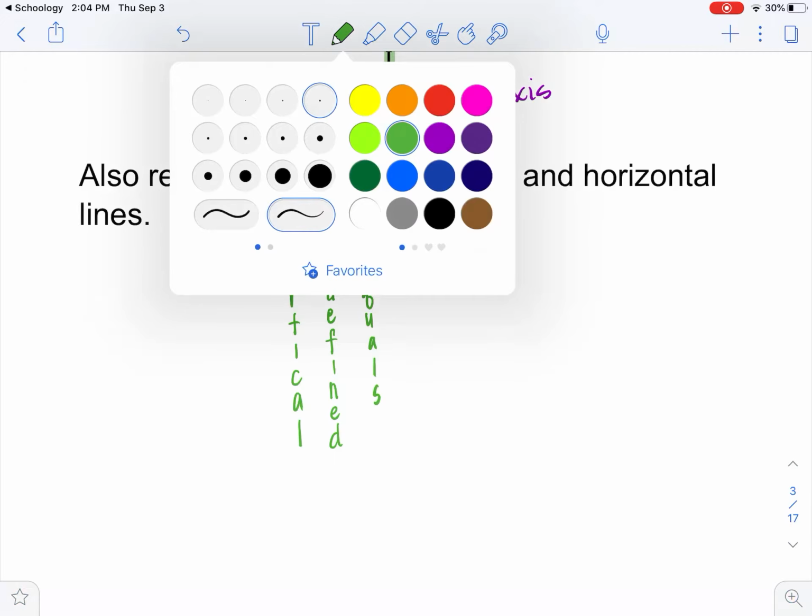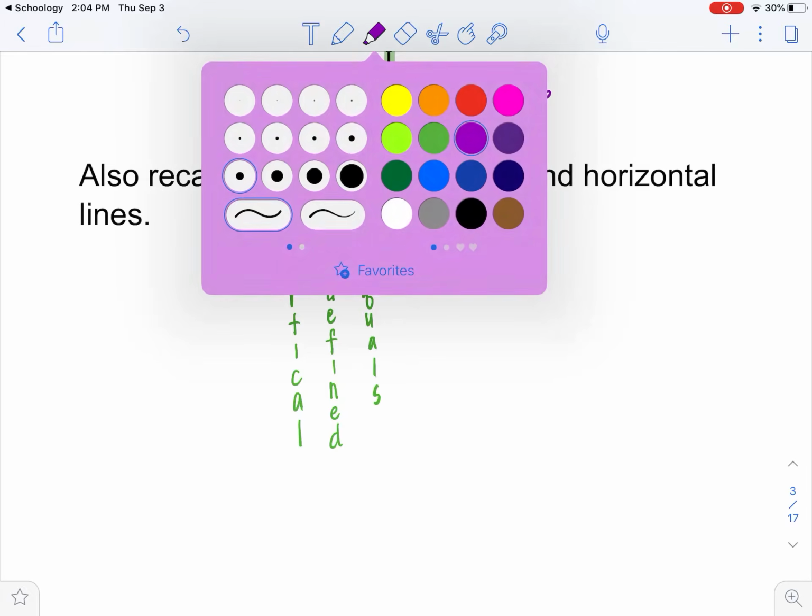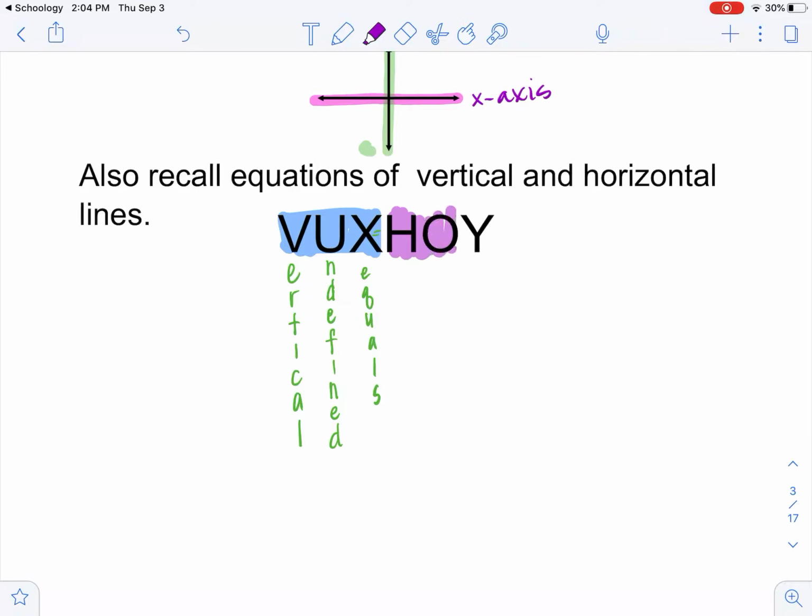All right, Hoi. I bet you can guess what it stands for if you don't know. Hoi stands for horizontal lines. They have a slope of 0. This is a 0.